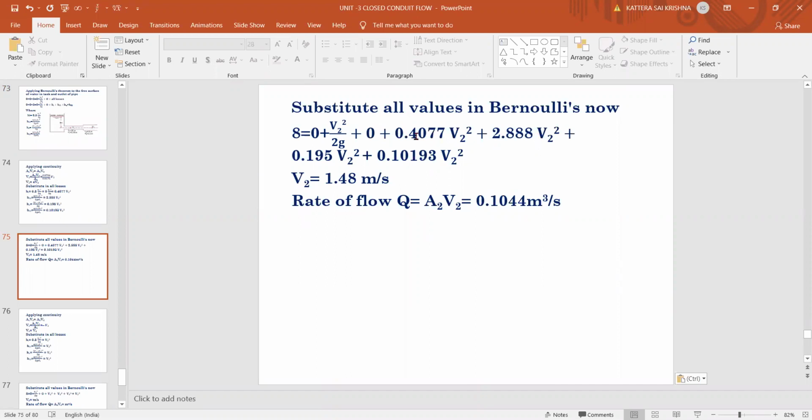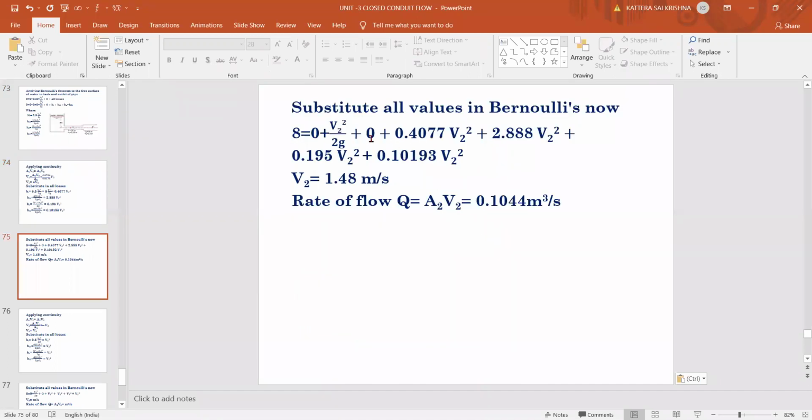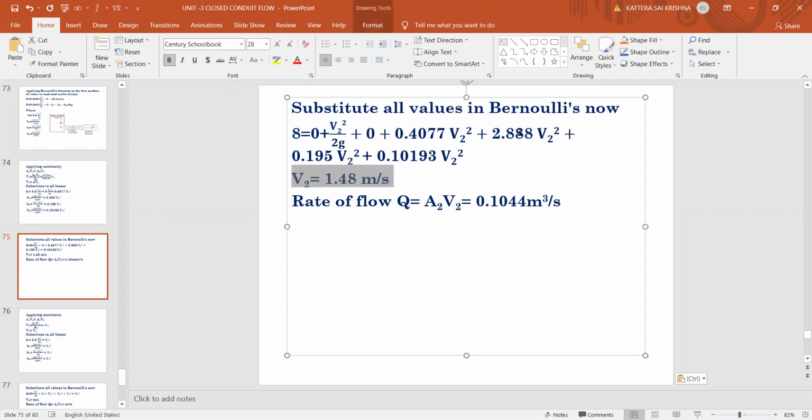Then all the losses I have written here. 0.4077 is the inlet loss, next frictional loss, next expansion loss, next again the friction loss. So all the losses we substitute here. Then we can find V2 from this. So V2 equals 1.48 meters per second.